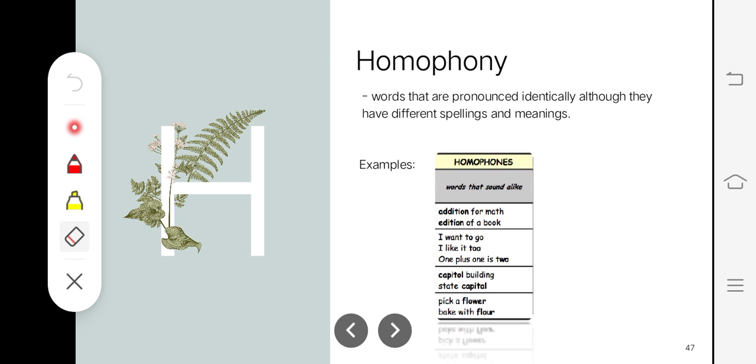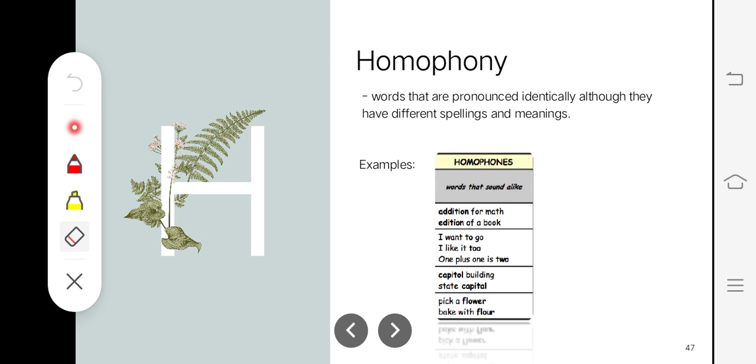I want to go, I like it too. 1 plus 1 is 2. Capitol building, state capital. Or flower, flour. Pick a flower. Bake with flour.